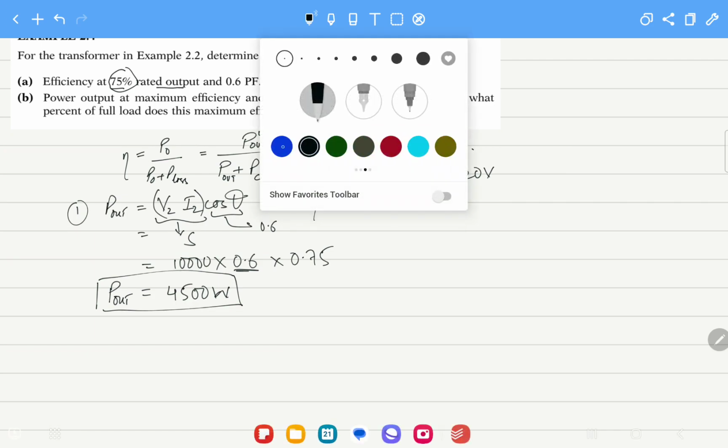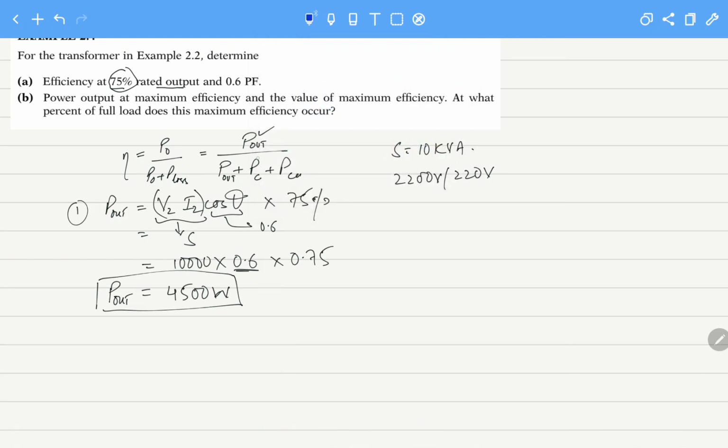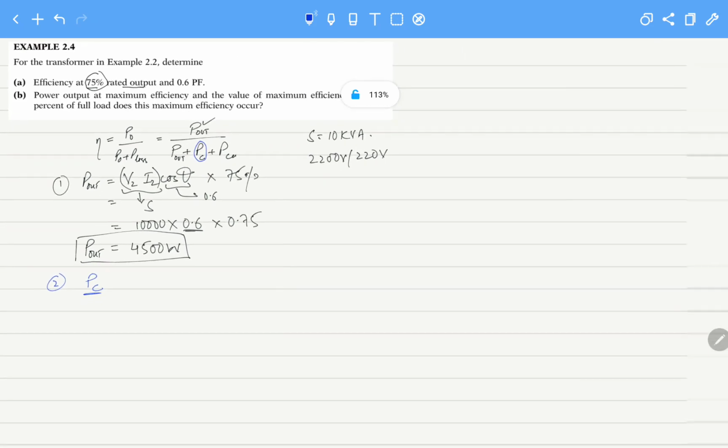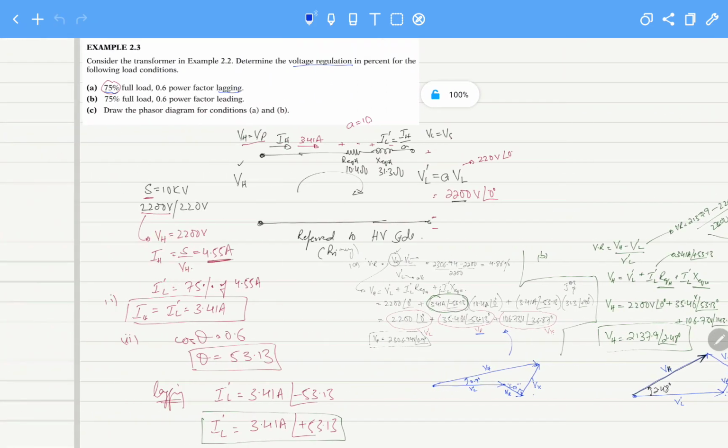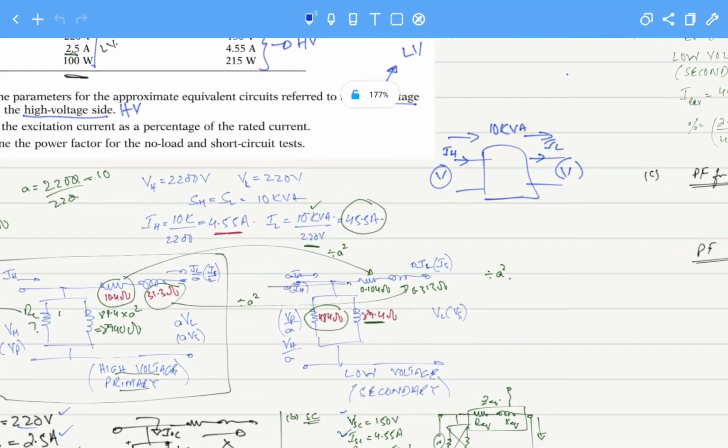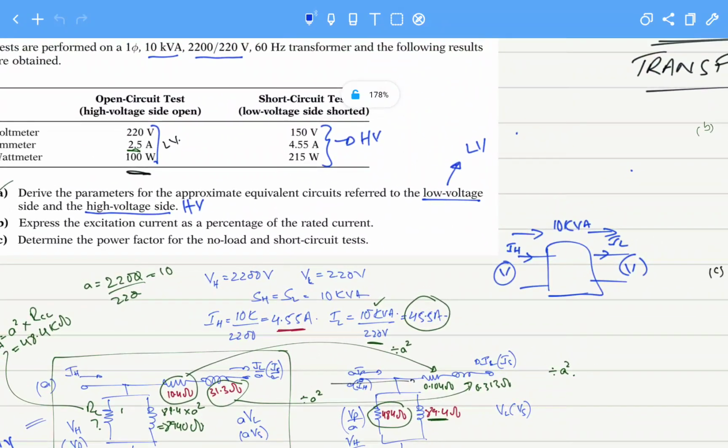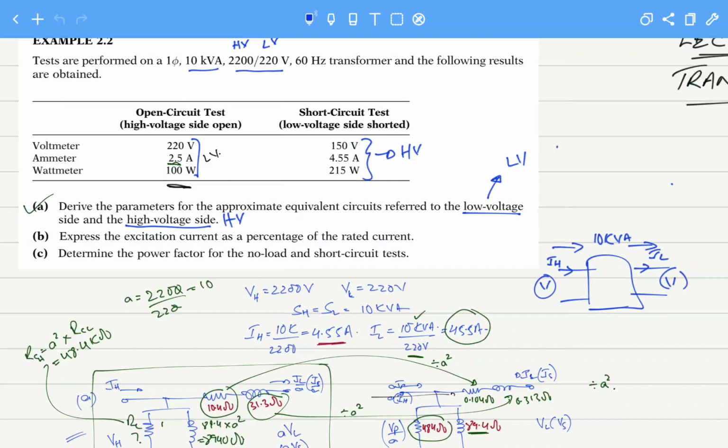Now let's look at the losses, starting with the core losses. Do we know that there was an experiment that was able to calculate the core losses? That was the open circuit test, in which all the power being absorbed was absorbed by the core.